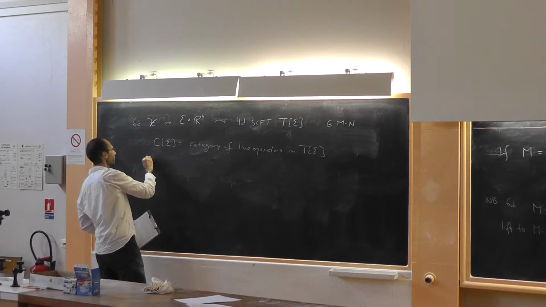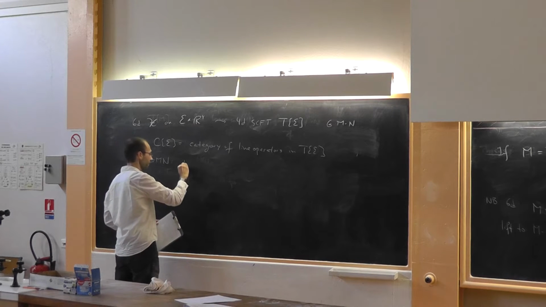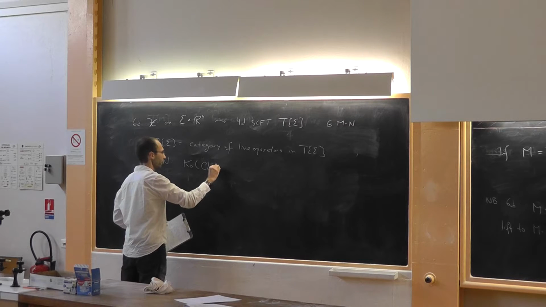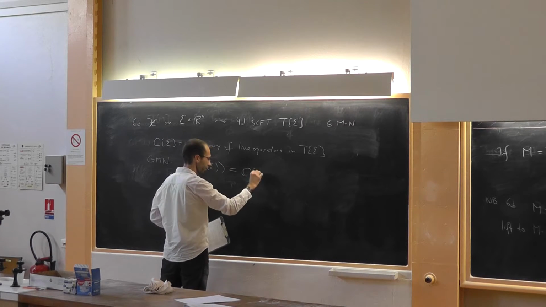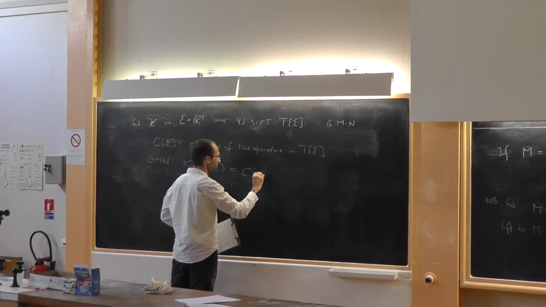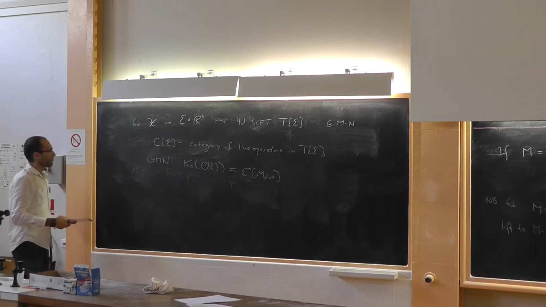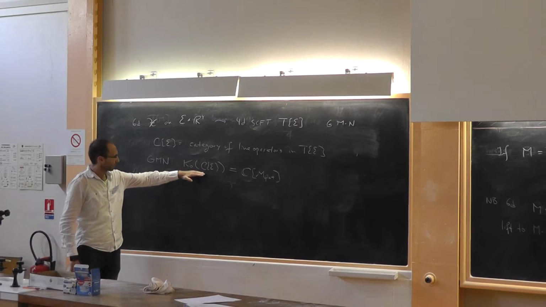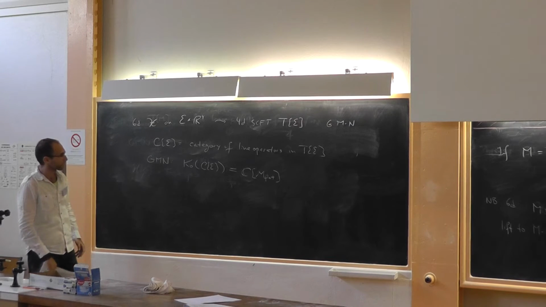And one of the main results of GMN was that the Grothendieck group of this category is what it's supposed to be, is the ring of functions on the moduli space of flat connections. And so they said this without actually describing the category, because there's a more direct description of this Grothendieck group.